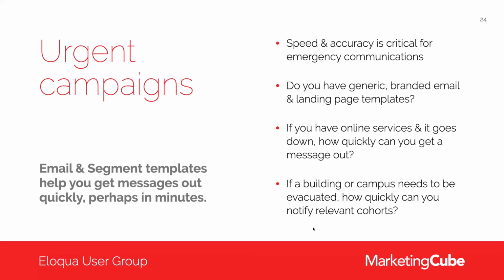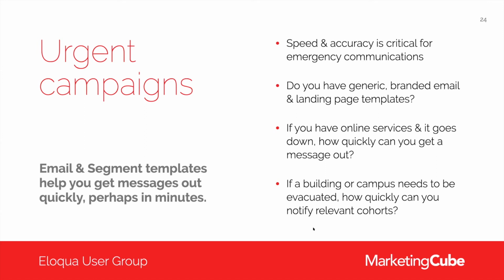Or would you be in a position to be able to go to an email template that has been pre-designed and is ready to go for urgent style communications? Would you be in a position to be able to grab templated segments of particular cohorts or organizations or groups of people that you needed to talk to?